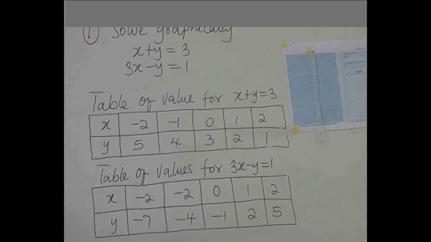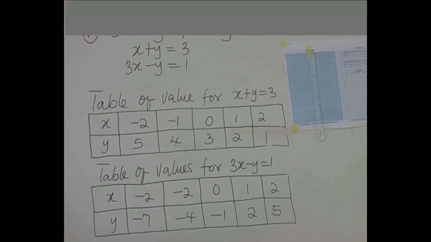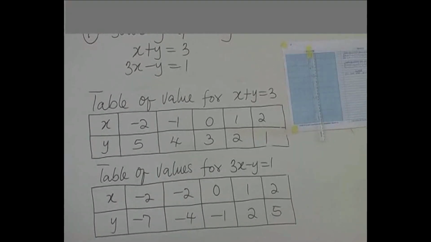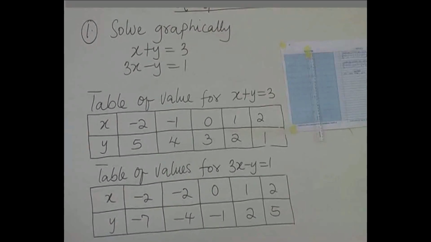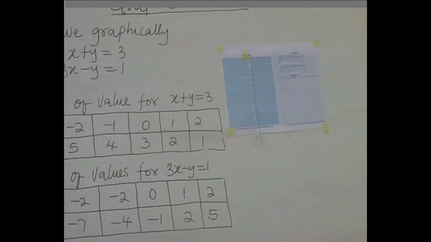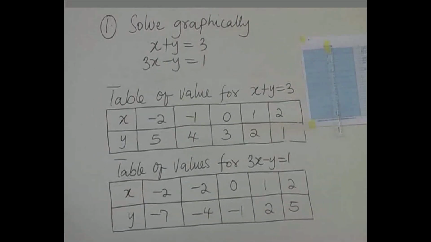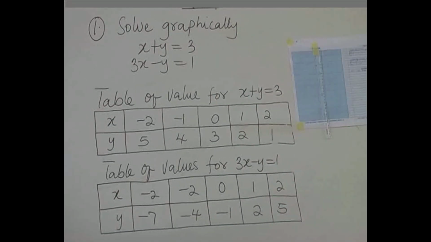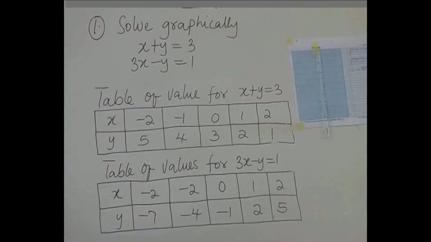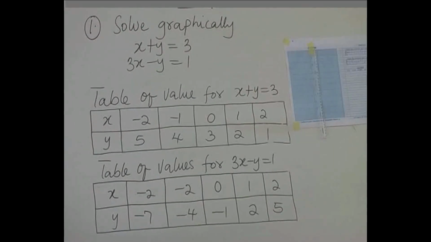So put down these table of values, because when I go close to the graph paper, you will not be seeing the table of values again, and we'll be using the figures we have on the table of values in the plotting there. You have put it down.